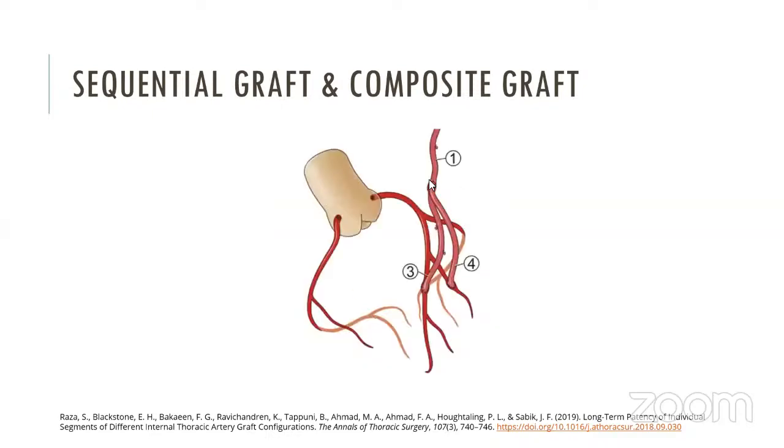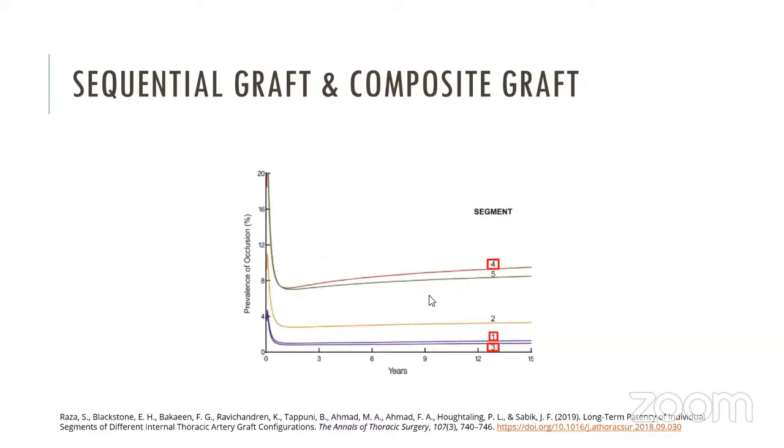Now, if you look at the composite graft, as I said, there are three segments of interest. The LIMA itself is almost not affected by using this technique. Both of them at 15 years will be patent, up to 98% as shown here.